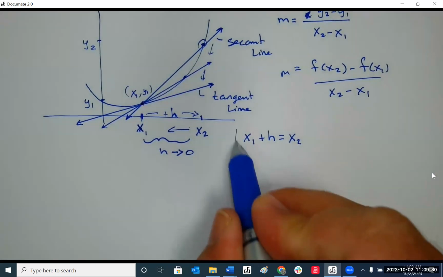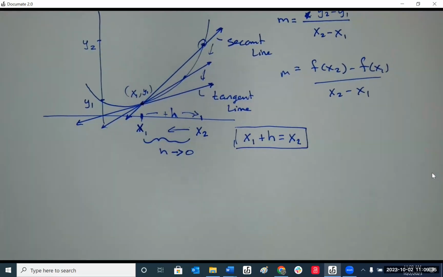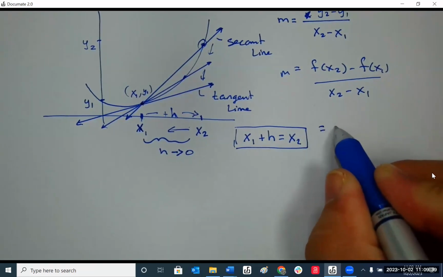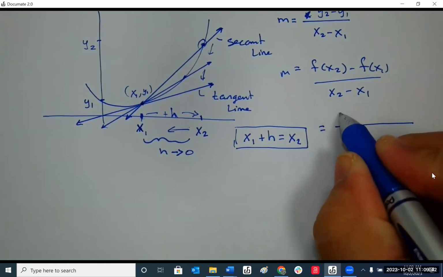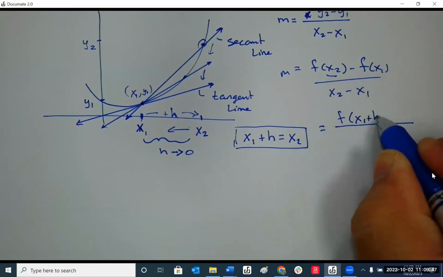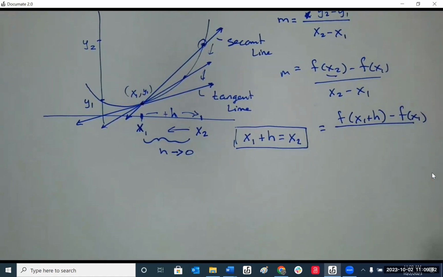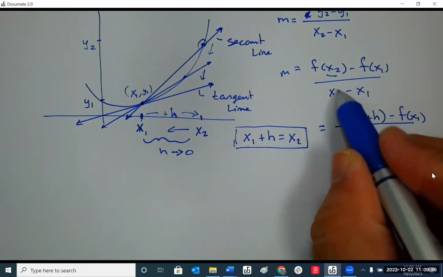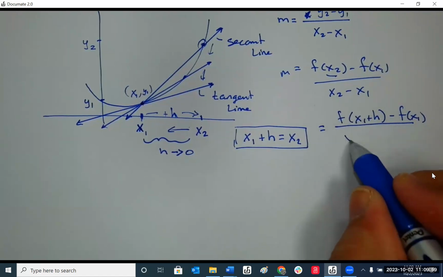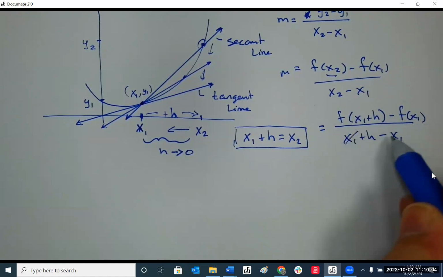So from here, we know the relationship between x1 and x2. So instead of writing x2, I can write x1 plus h. And even here, instead of x2, I have x1 plus h minus x1. The x1's cancel.